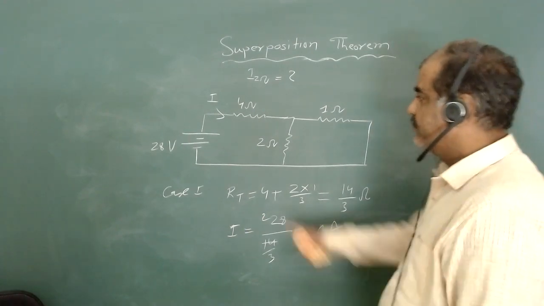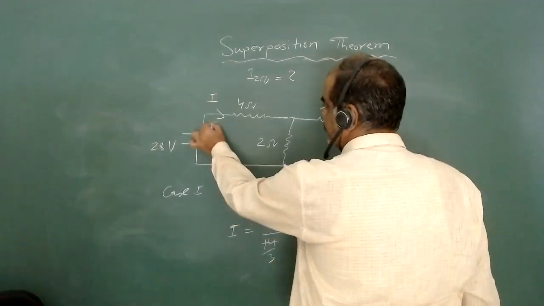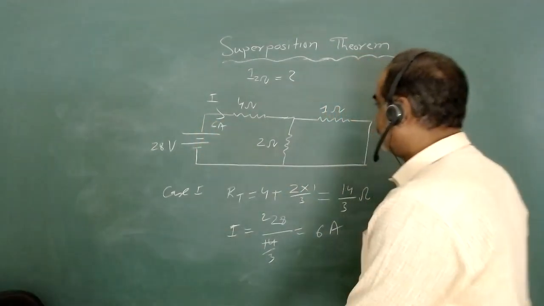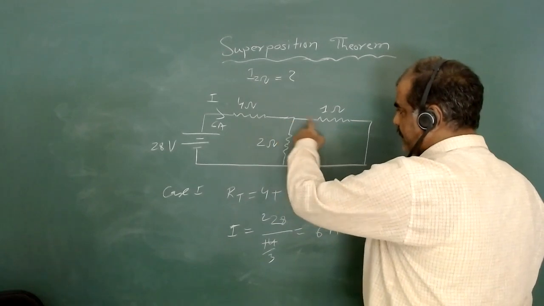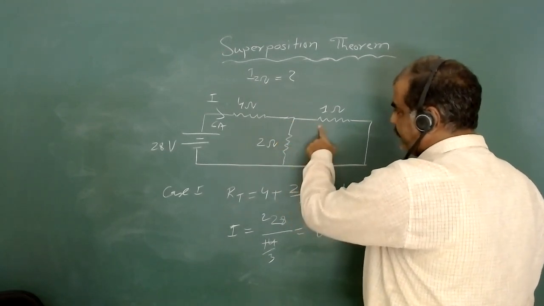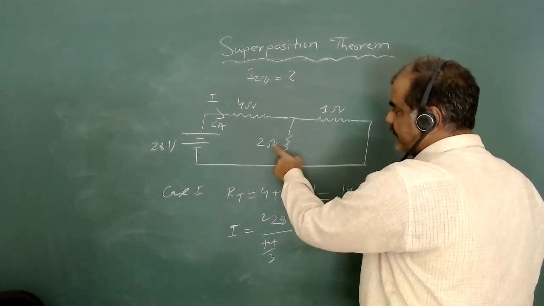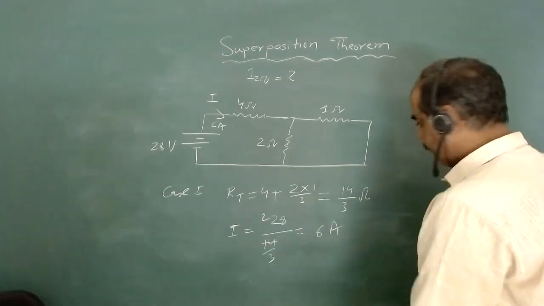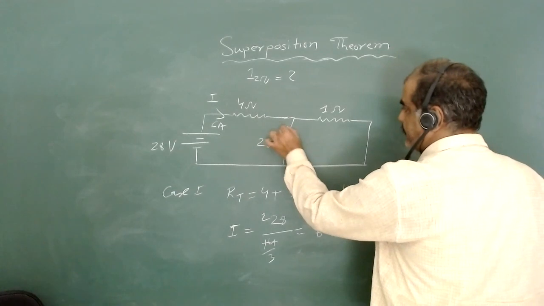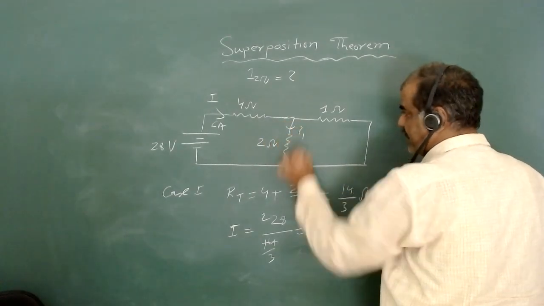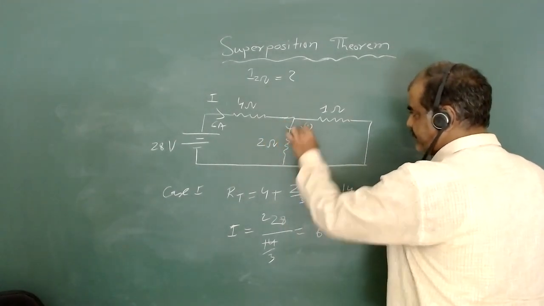Now from this battery 6 ampere current is coming, and this 6 ampere current will be divided again here, since these 2 resistances are in parallel. My aim is to calculate the current in this 2 ohm resistance. Say the current in the 2 ohm resistance is I1 in case 1.